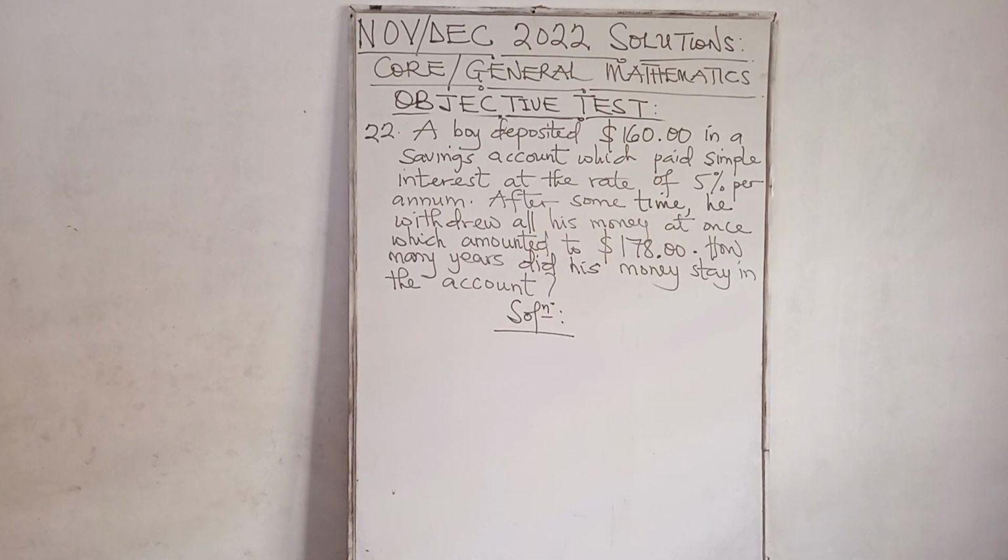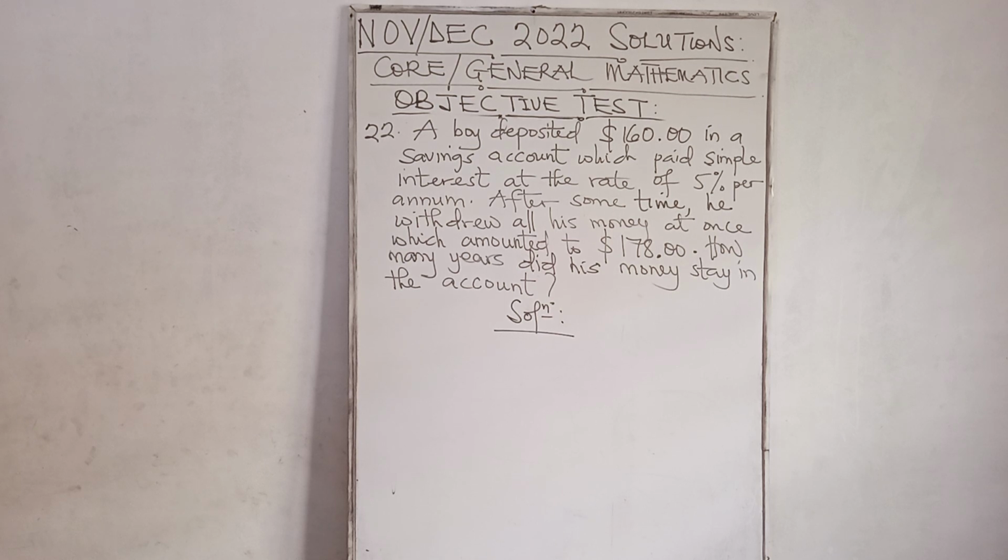All right, question 22. A boy deposited $160 in a savings account, which paid simple interest at the rate of 5% per annum. After some time, he withdrew all his money at once, which amounted to $178. How many years did his money stay in the account?